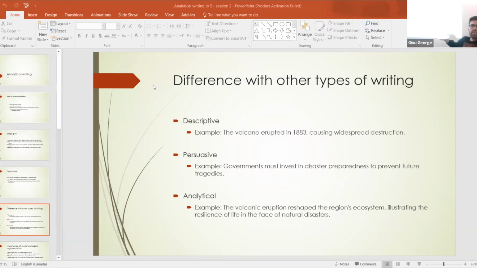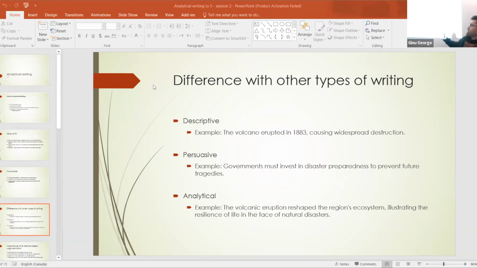But one of them might be the dominant one, okay? So if you're writing an analytic paper, it doesn't mean you can't also describe things in the paper, or that it can't be a paper by which you're trying to persuade somebody. It just means one of them will be the main one, right?